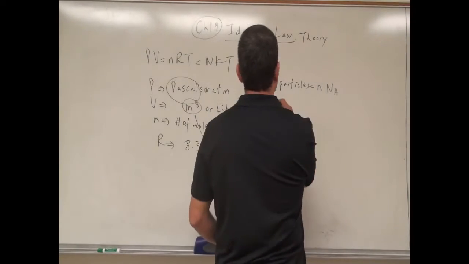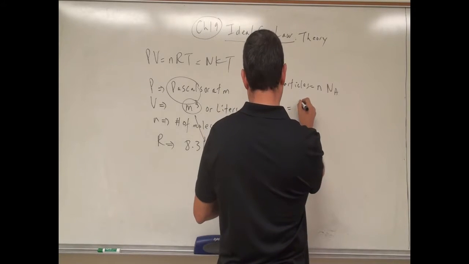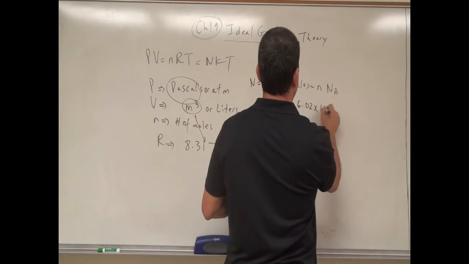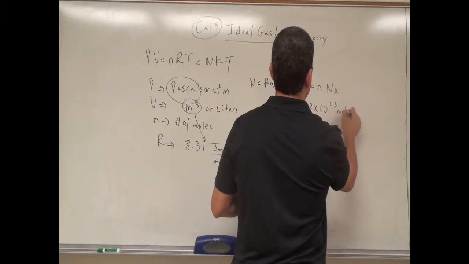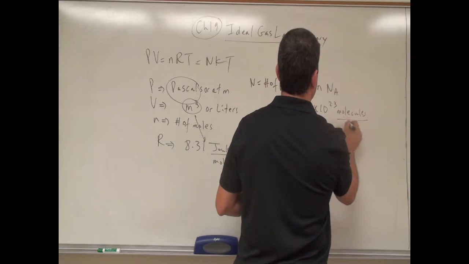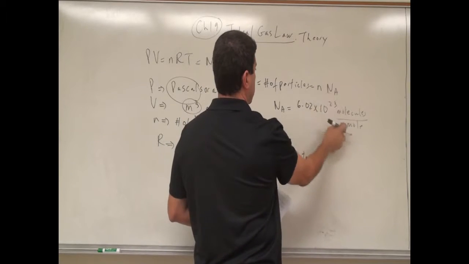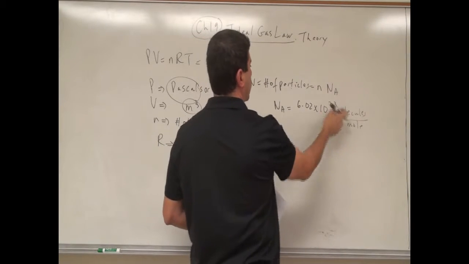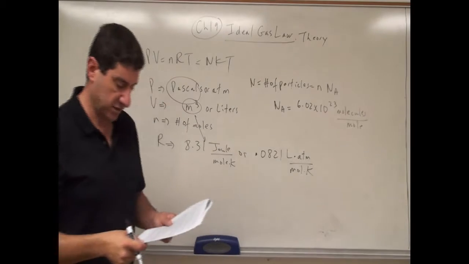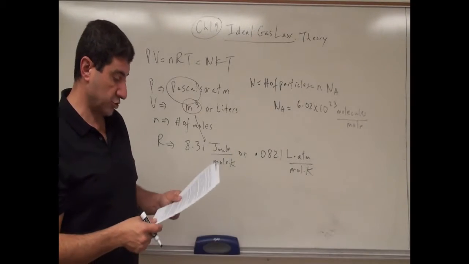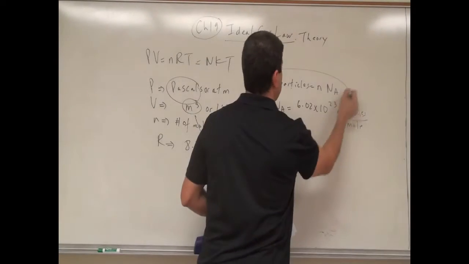So what is Avogadro's number? It's equal to 6.02 times 10 to the 23 molecules per mole. If we multiply that by moles, the moles cancel, and you get the number of particles.